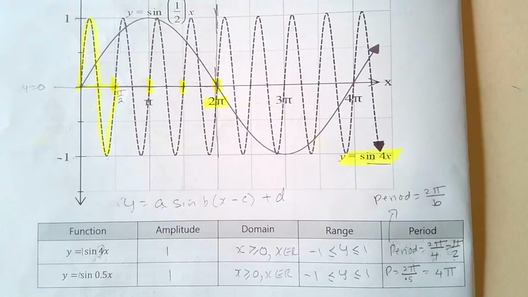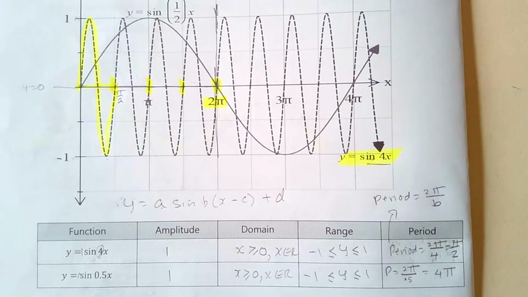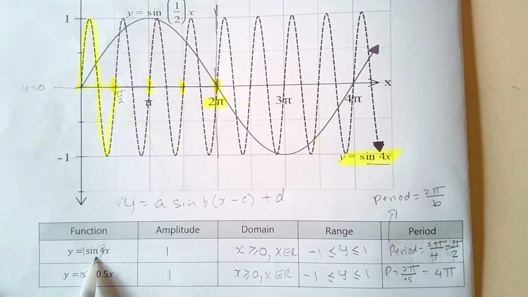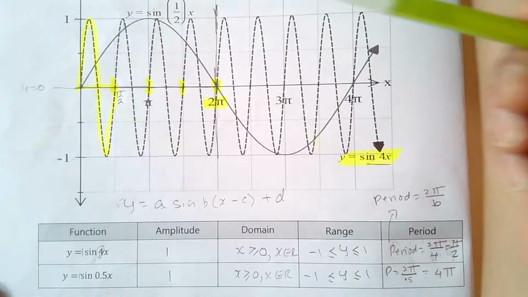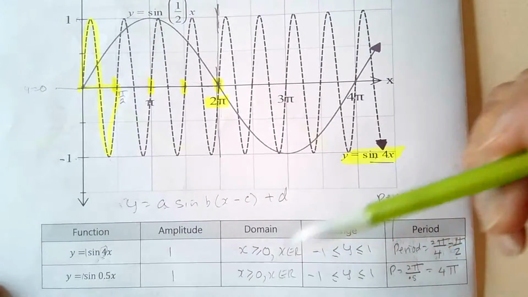Now, sometimes, as we'll see in the next part of this lesson, we'll have to sketch a graph when we're given an equation, and then the reverse of it, you're given a sketch and you have to determine the equation.